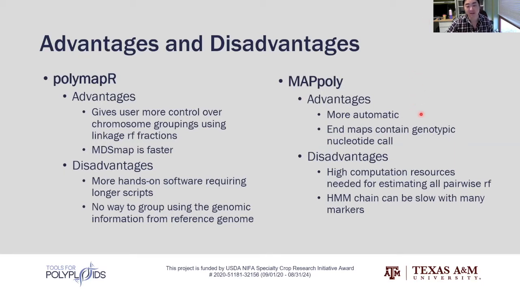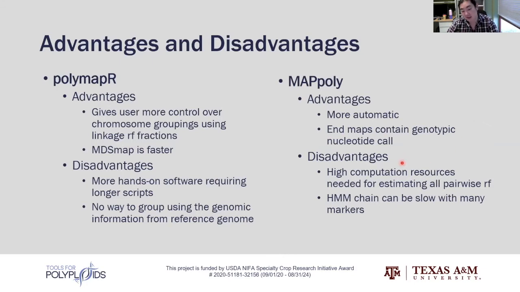Another advantage is that when you give Map Poly a VCF file, it retains the genotypic nucleotide call for the markers, and it doesn't just give you an A/B kind of dosage output. Your maps actually will tell you what nucleotide you have, or deletion, or whatever the marker type is.